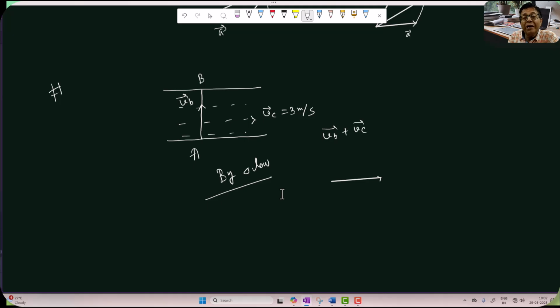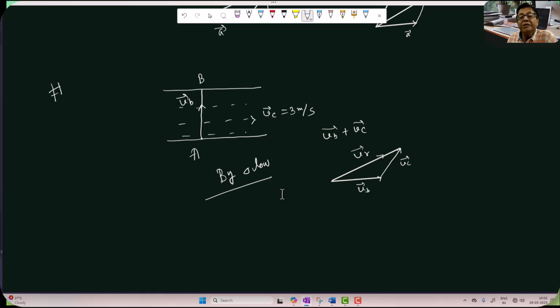We are going to add VB and VC. So you take VB this way, and then VC will be started from the tip, and then the third side of this triangle will represent the resultant. This is VR, resultant velocity of the boat.